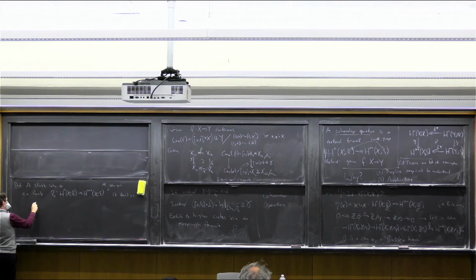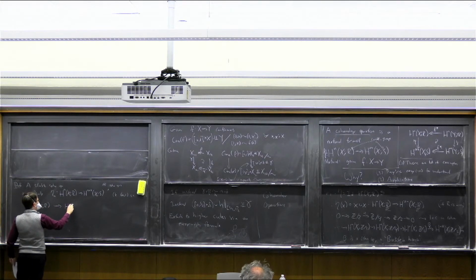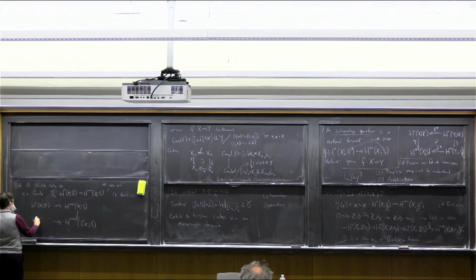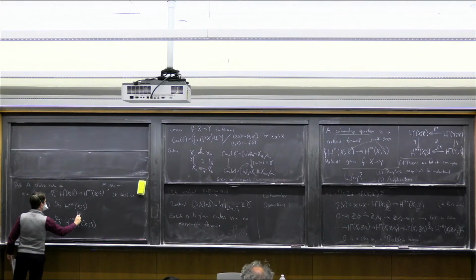So H^n of X, R, H^(n+k) of X, S, H^(n+k+1) of sigma X, S, H^(n+1) of X, S. This is eta_n. This is eta_(n+1). Those are isomorphisms.